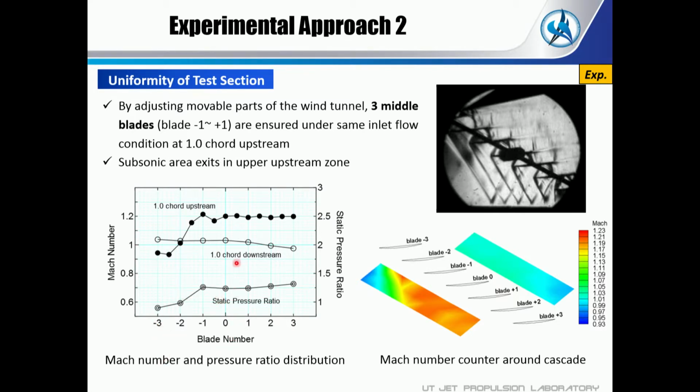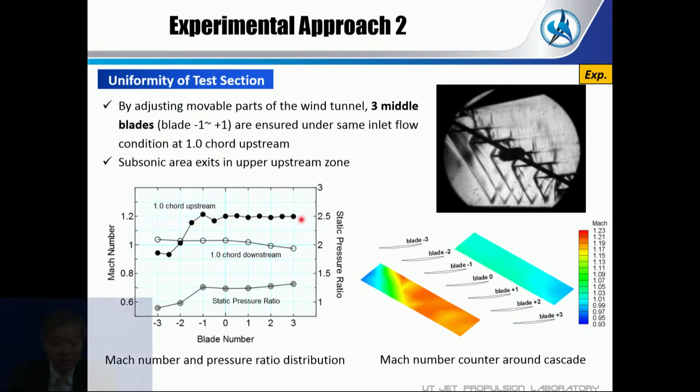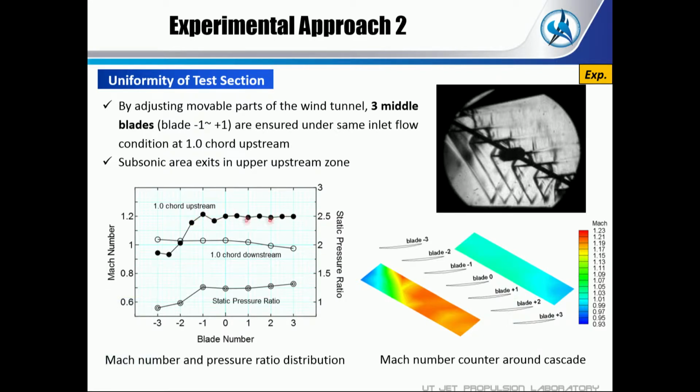Oh, no. We measured the wall pressures, one called the downstream region and one called the upstream region. From here, this is very flat. The distribution is very flat. But here, it's not good. Minus 2, 3 is here, the upper blades.